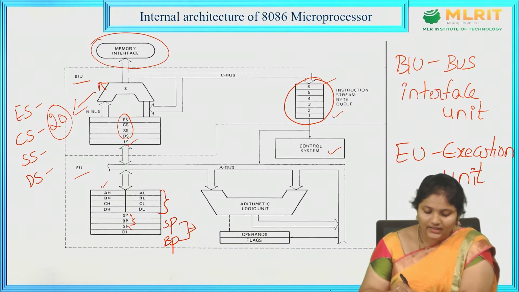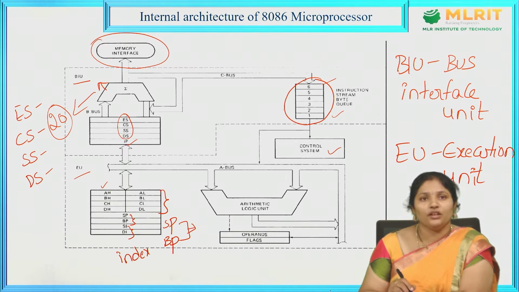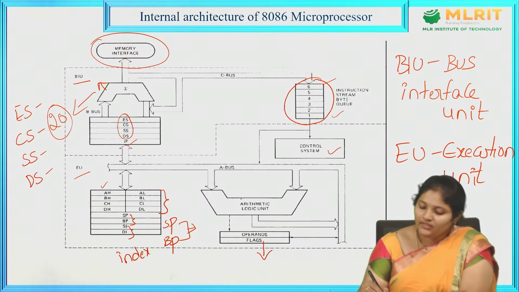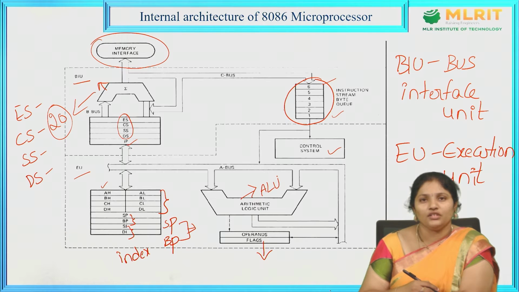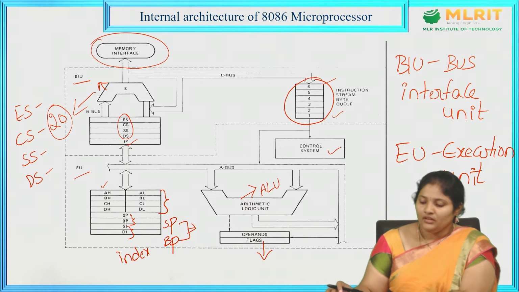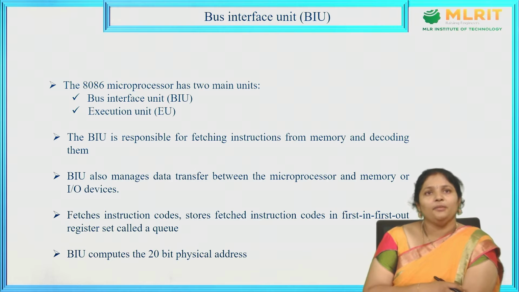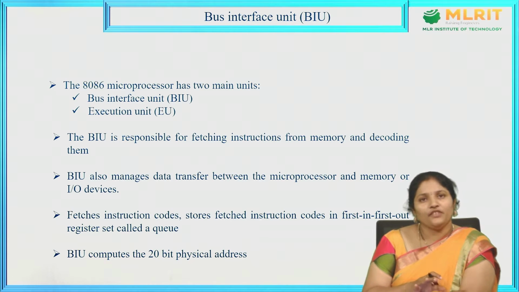SI and DI are index registers, which are also used to store the offset of particular segments. Here the flag register is there, and this is the unit which is used to perform the arithmetical and logical operations.